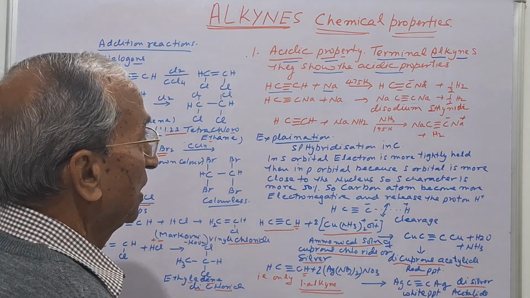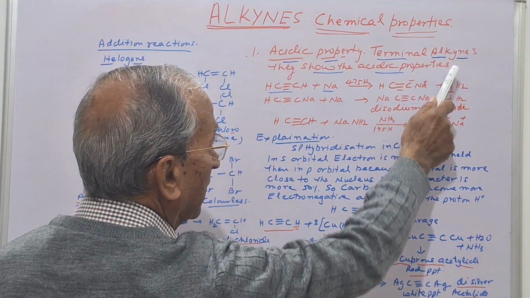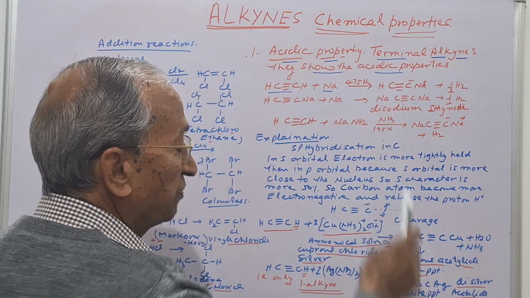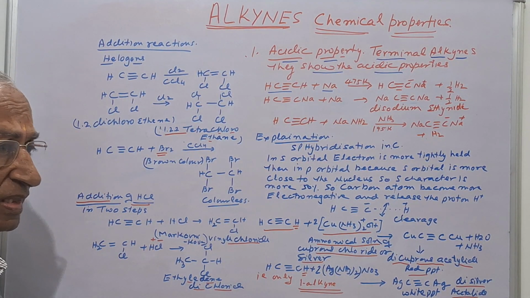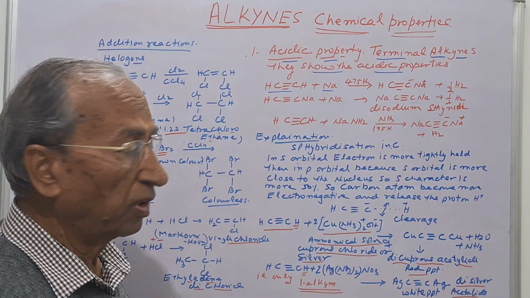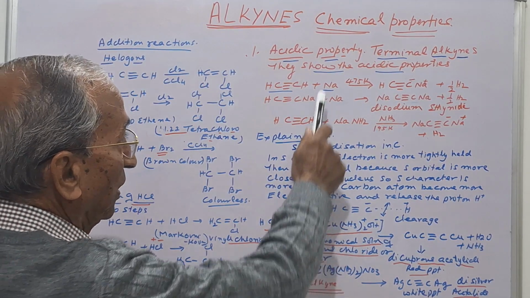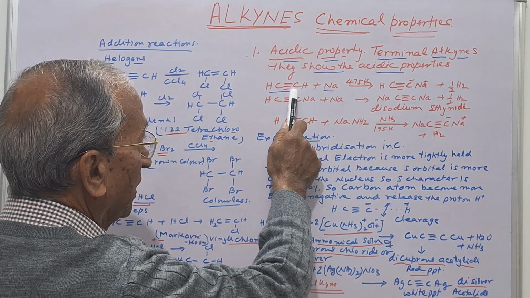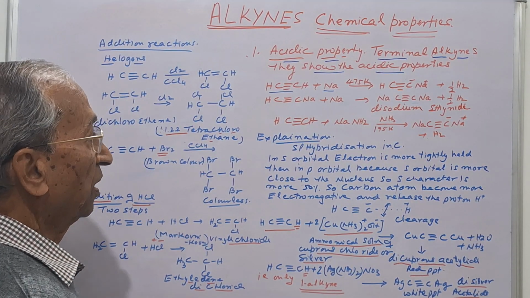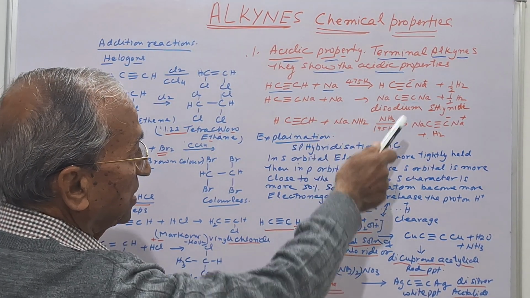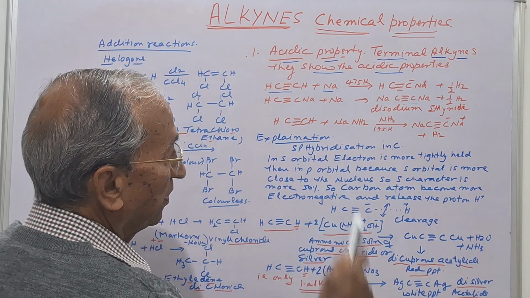Now how does this terminal alkyne behave as an acid? In the case of the acidic character, a proton should be formed. In the terminal alkynes, carbon is directly attached to the hydrogen atom. Here we can explain this by sp hybridization.